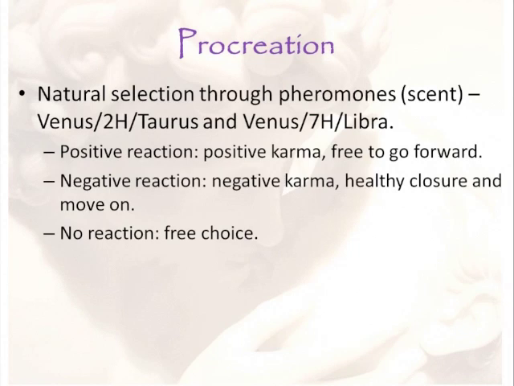Because what can happen with that outer side of Venus and Libra is we can get so caught up in this recognition of the other that we can run a lot of confusion, that mental air. Who do I choose? Do I or don't I?